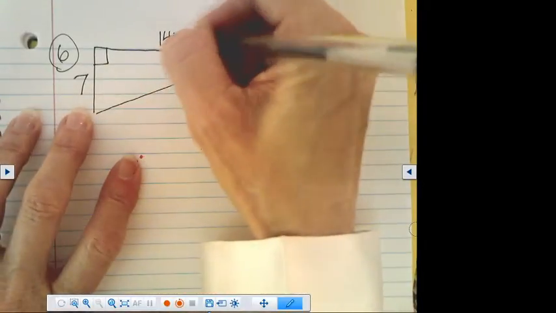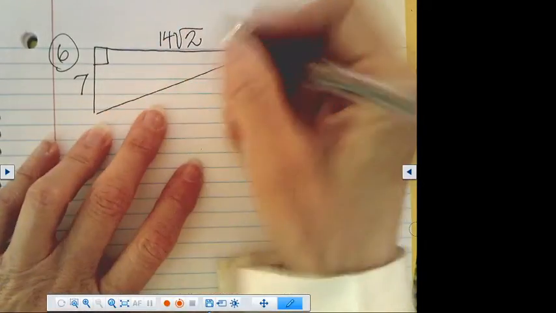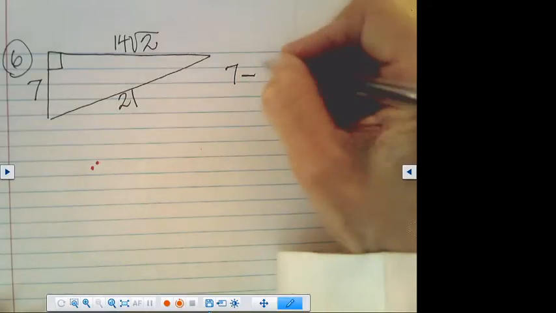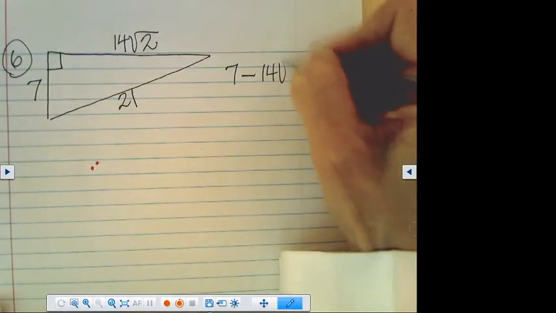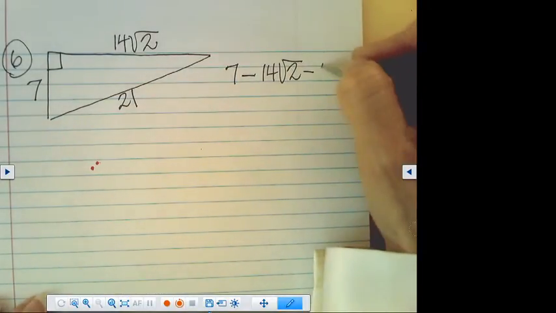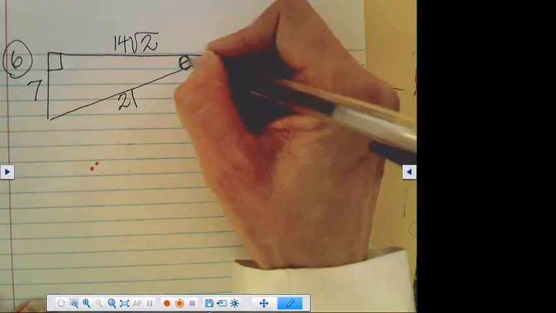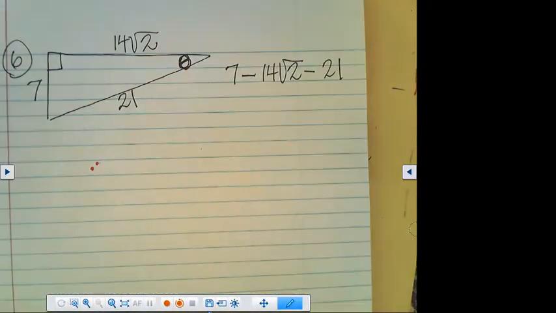Middle leg is 4 square roots of 2. Hypotenuse is 21. I'm also going to write those out from least to greatest: 7, followed by 14 square roots of 2, followed by the hypotenuse 21. Okay, our theta is located right there.